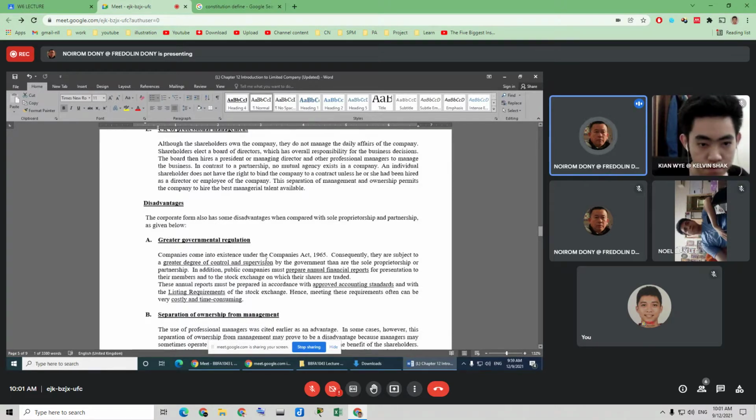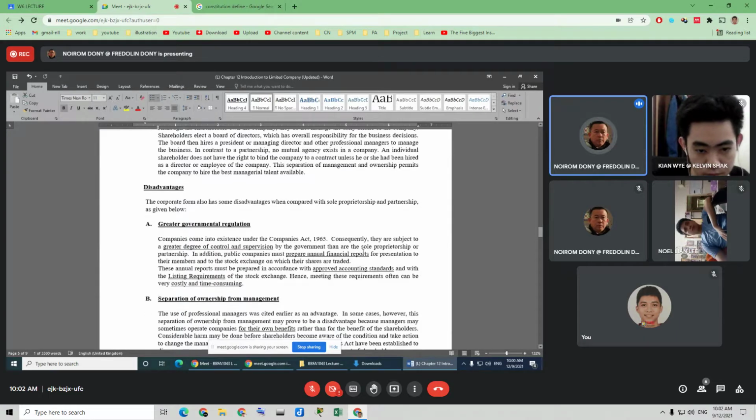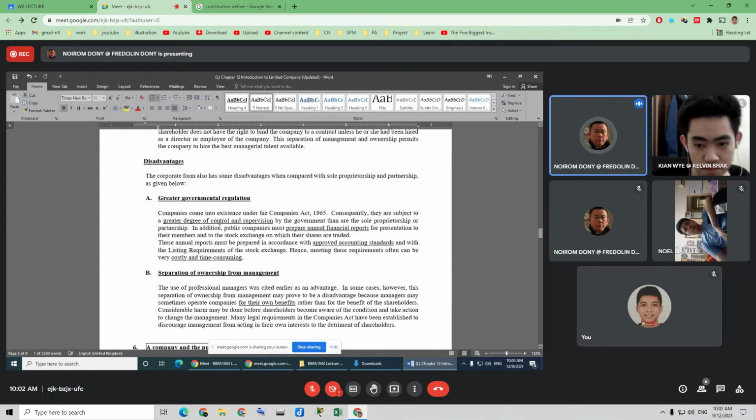Companies come into existence under the Companies Act 1965. Consequently, they are subject to a greater degree of control and supervision by the government than sole proprietorships or partnerships. Meaning more cost for the company to incur because they have to follow the government regulation.